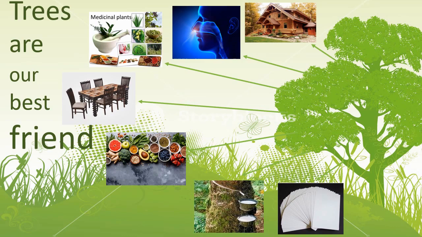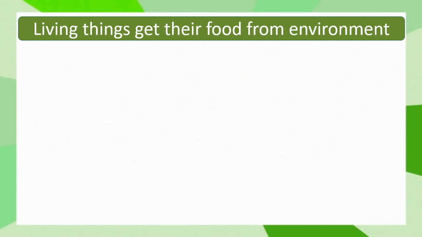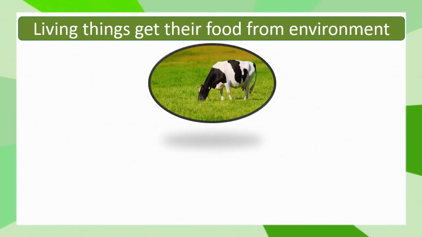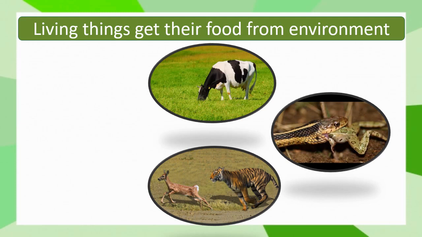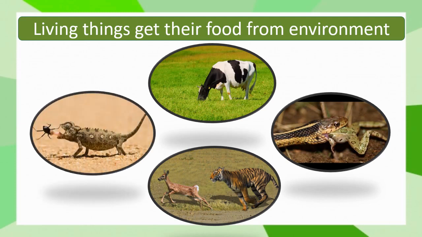Living things get their food from the environment. How do they get it? Let's observe the picture. See, the picture is very clear. How the living things get their food from the environment.